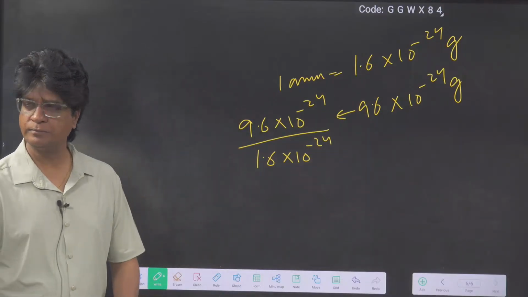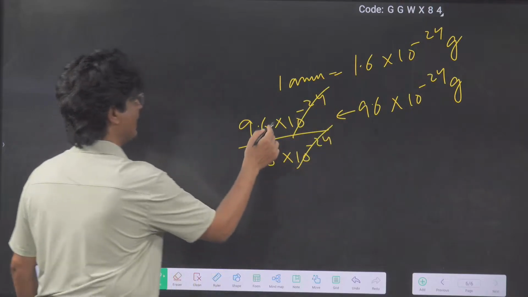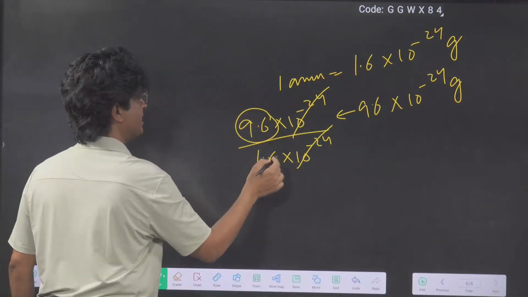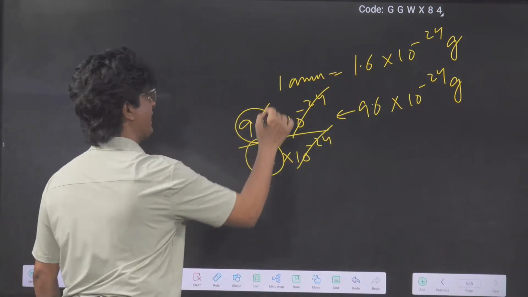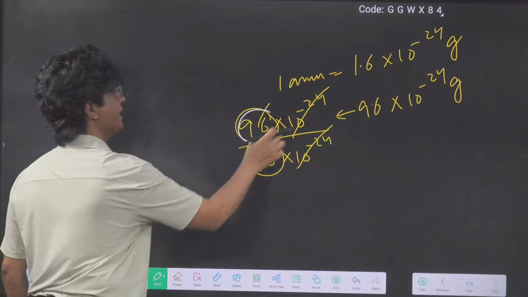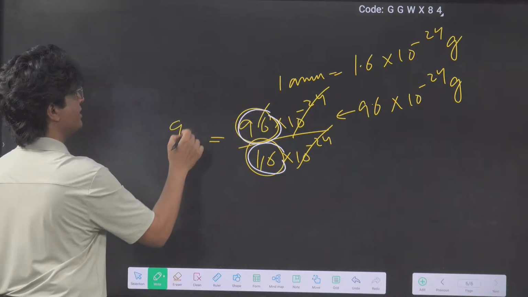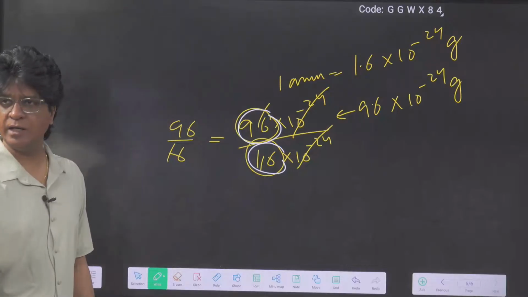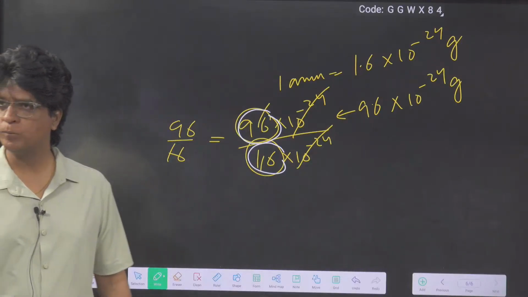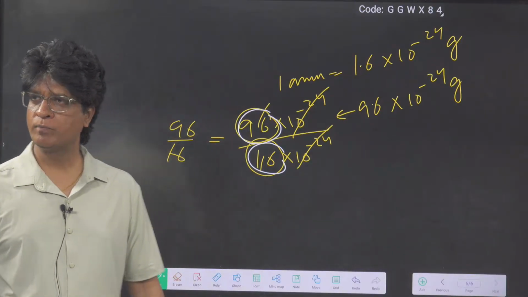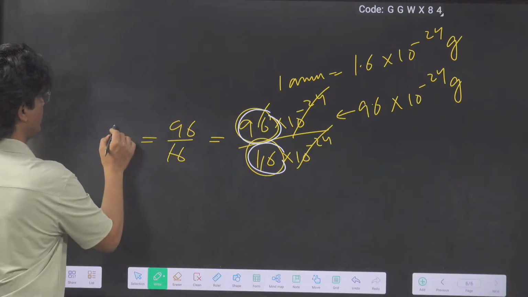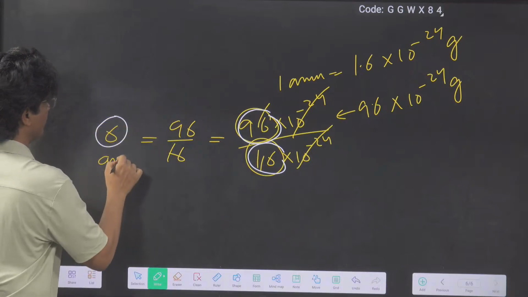Will you all agree? This will cancel out. Now 9.6 divided by 1.6, you can remove the decimal. Now this is 96, this is 16. So 96 upon 16. 16 sixes are 96. This will be 6. So how much? 6 AMU.